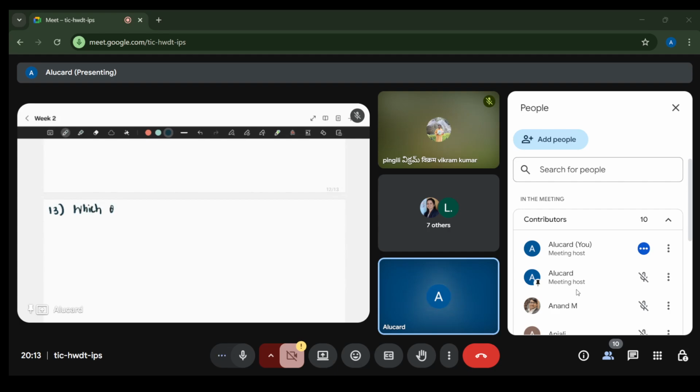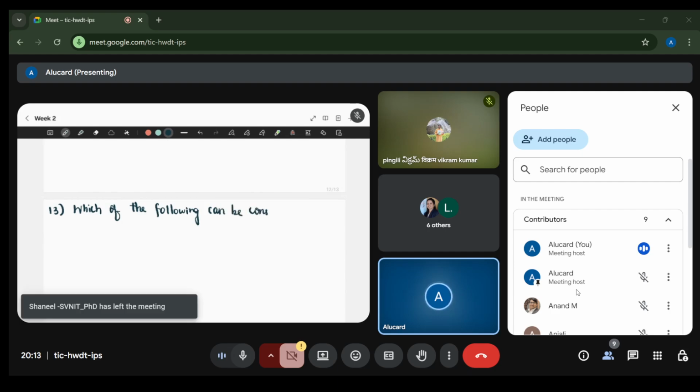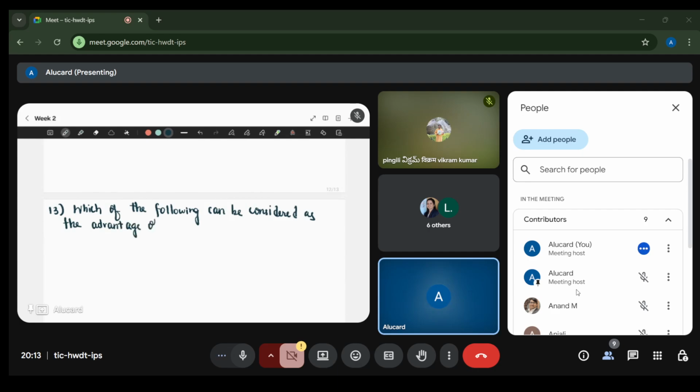Which of the following can be considered as the advantage of using frequency reuse?